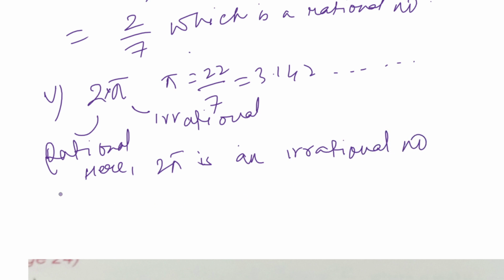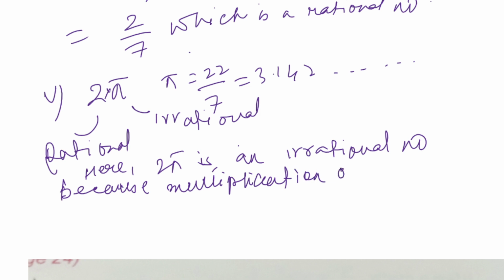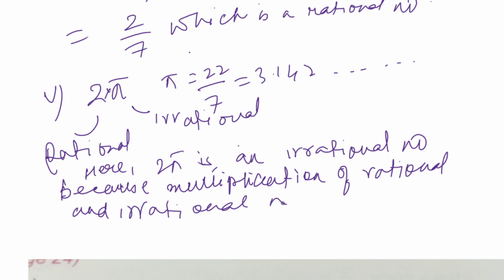Because 2 pi is a multiplication of a rational and irrational number, and multiplication of rational and irrational number is always irrational.